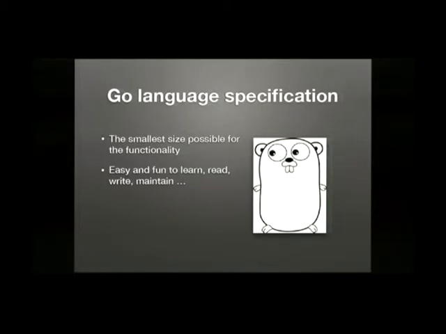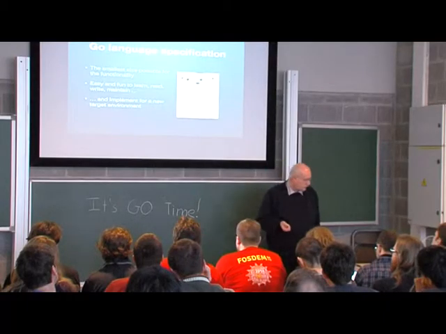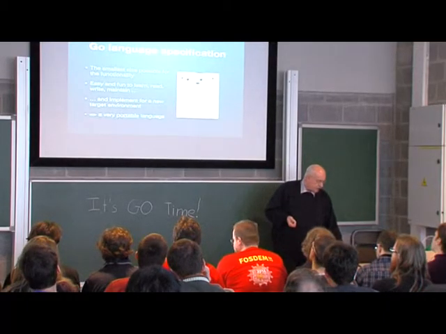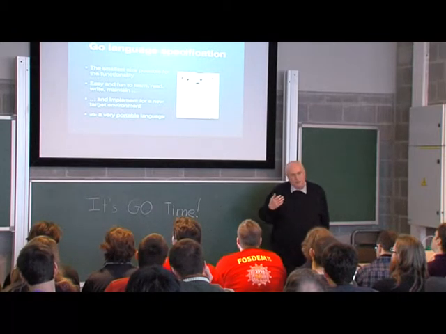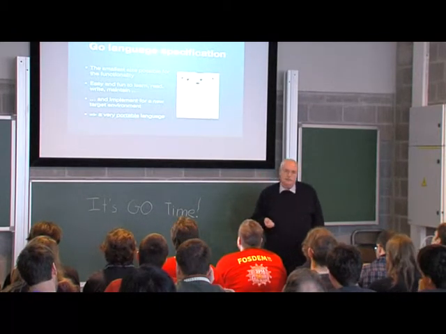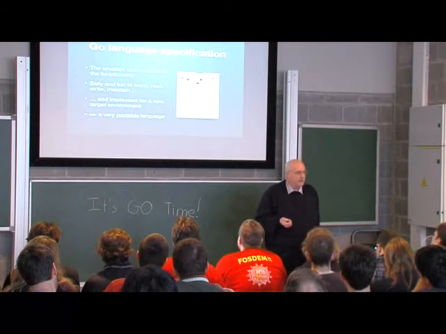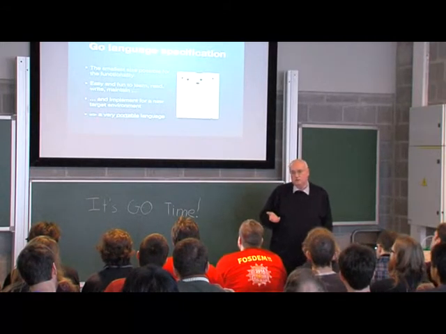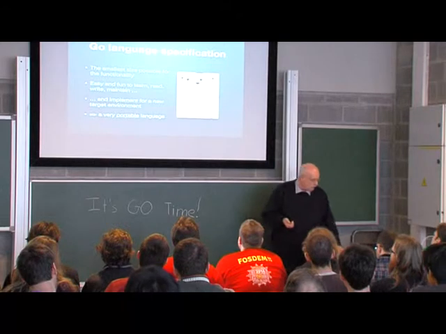Because maintainability cost is much lower, and as any manager will tell you, it's the cost of maintaining the systems that tends to be hideous. But it also makes the language relatively easy to implement. And I think in that way, perhaps unwittingly, the Go team have created a very portable language specification, a very portable language.